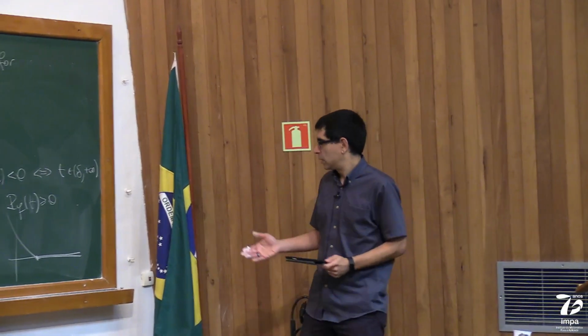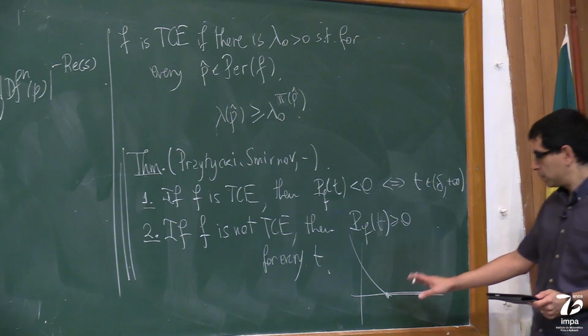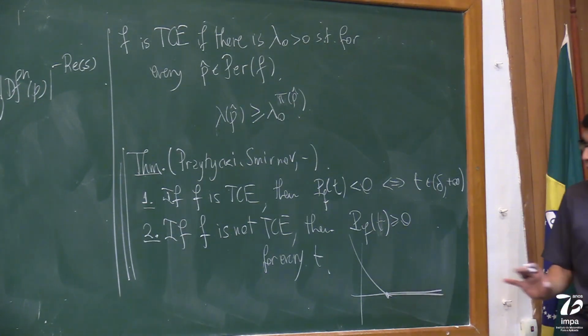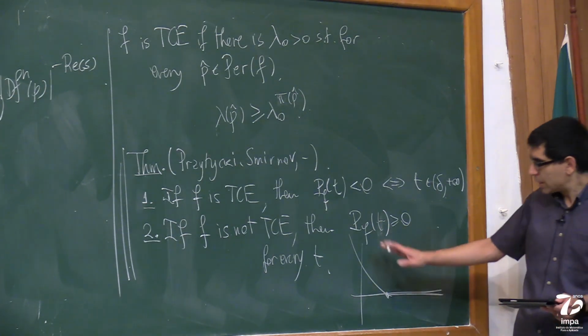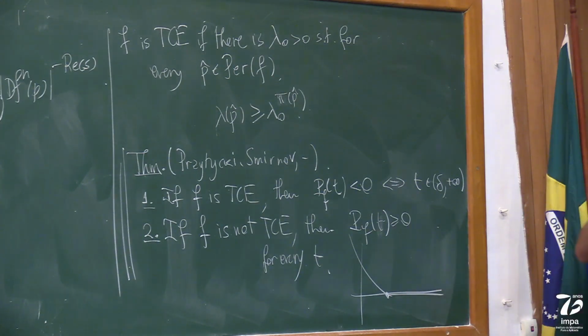We have some results saying that if the bad situation happens, so you don't have this Bowen type formula, then you not only would have this exponentially large number of periodic points that are exponentially close to being parabolic, but they would also be close together.